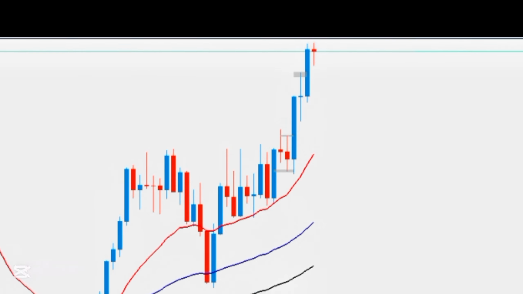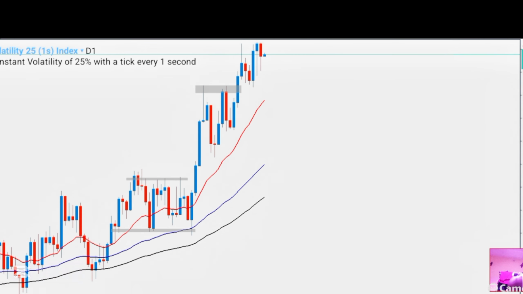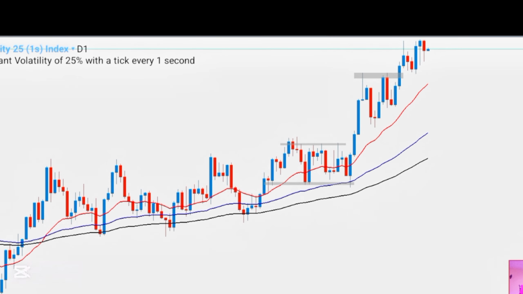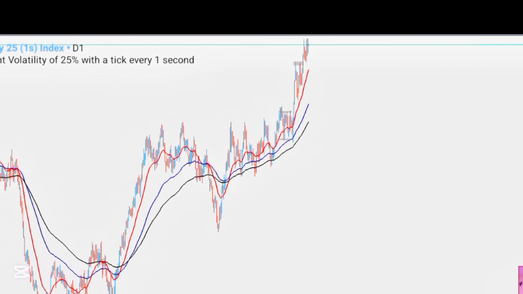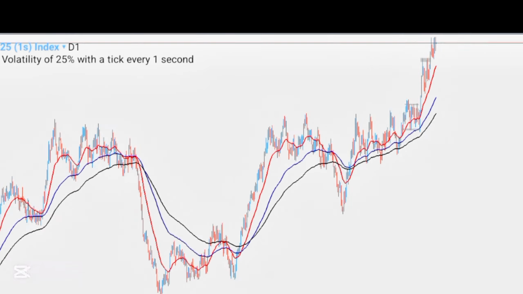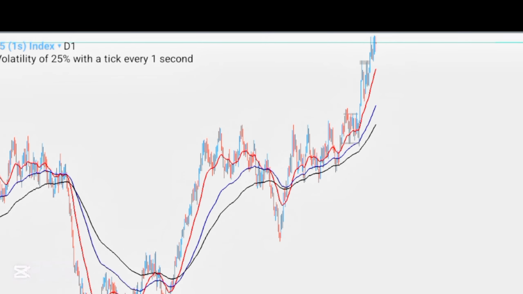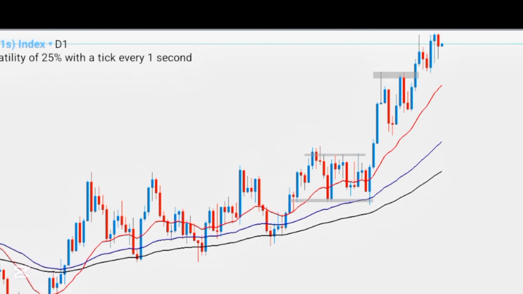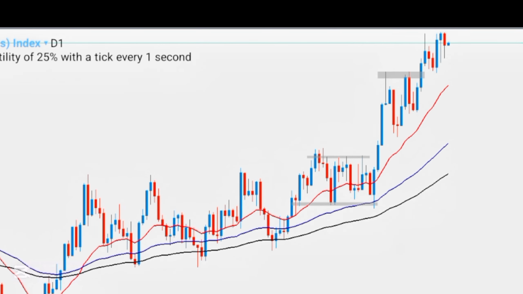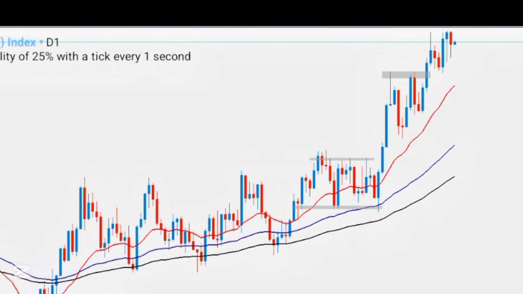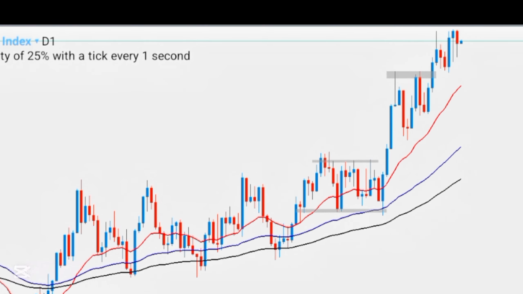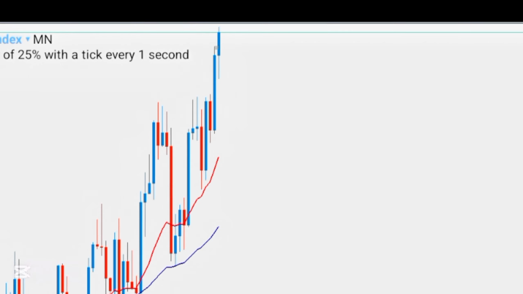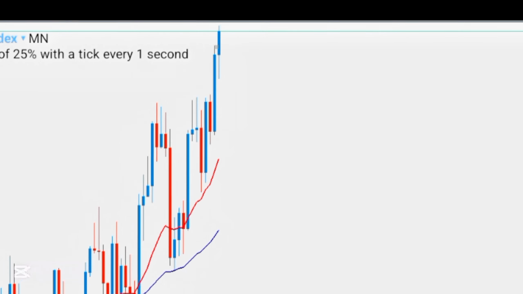Now we come back to the daily time frame. You see that this market, let me zoom in. See that this market is high. As you can see, market is high. So now, as you're breaking it down, in the monthly time frame it's only one candlestick you want to check.